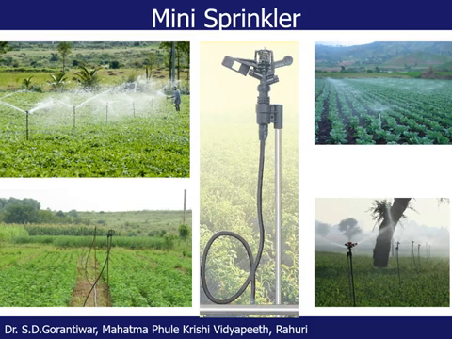In the case of mini sprinkler, the components of the mini sprinkler irrigation system are less expensive, and it is possible that we irrigate the entire field with one set only. Okay, so the mini sprinkler irrigation system is also becoming popular.